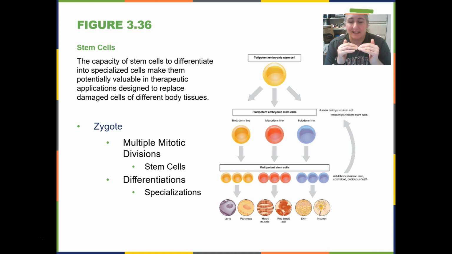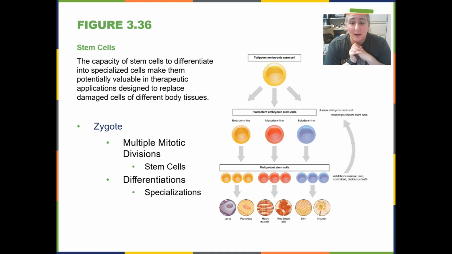And that's about day 3 or 4 that the ball of cells will actually be able to enter and embed in the uterine lining. It takes approximately 3 weeks for the embryonic disc to form. So by the end of 3 weeks, you have an embryo.